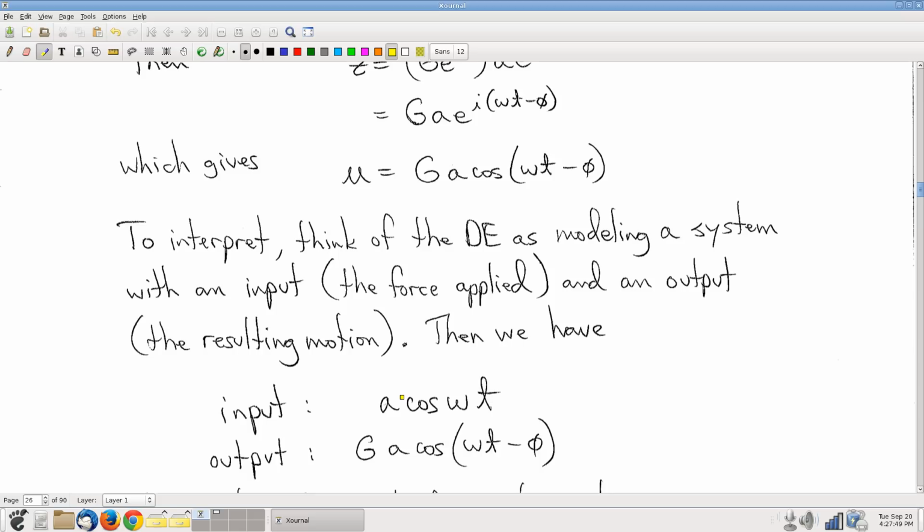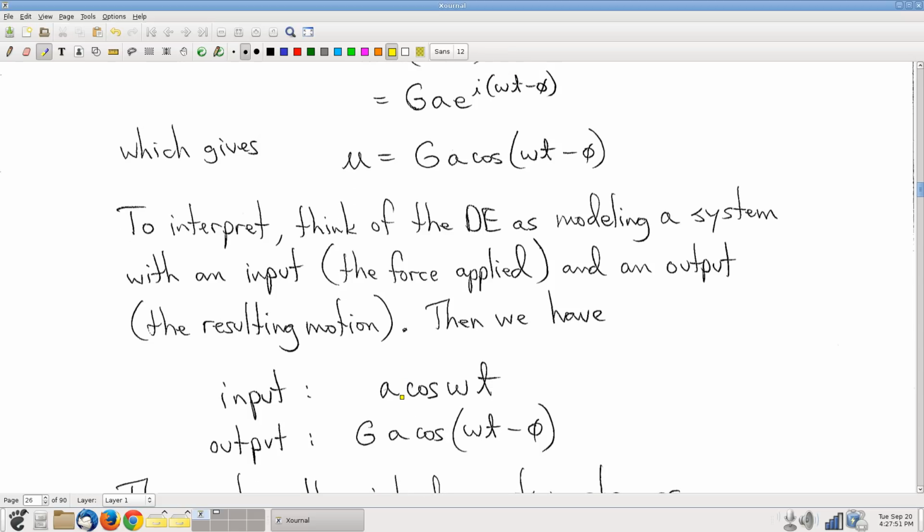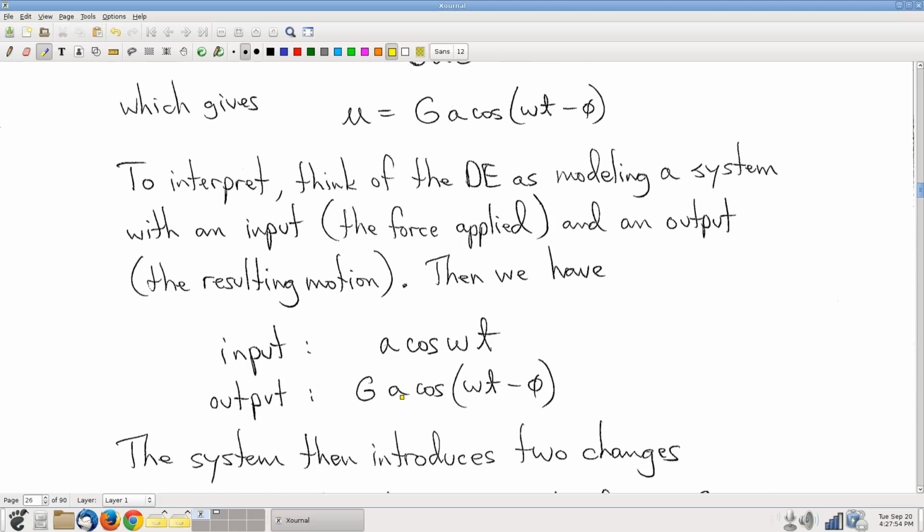So interestingly, in this case, what happens to that input to the system is just two things. There's a magnification of the amplitude, and there's a phase shift.